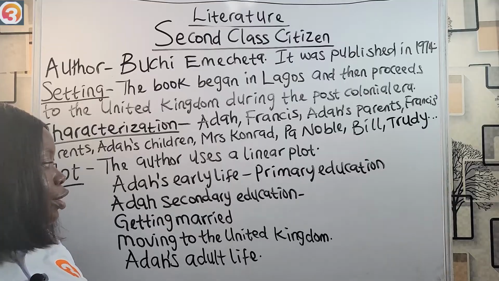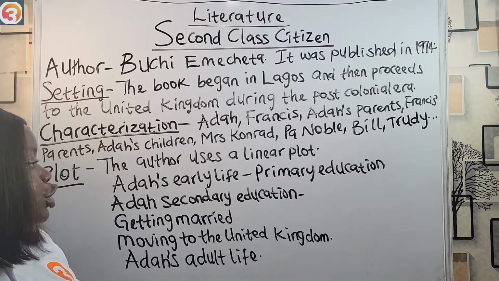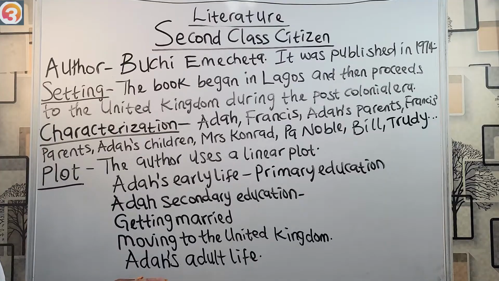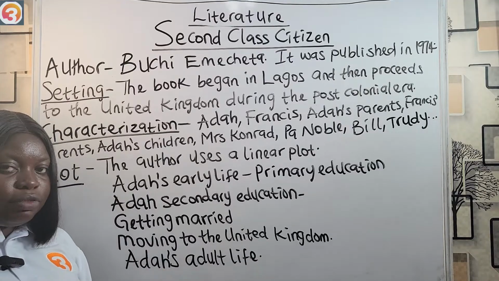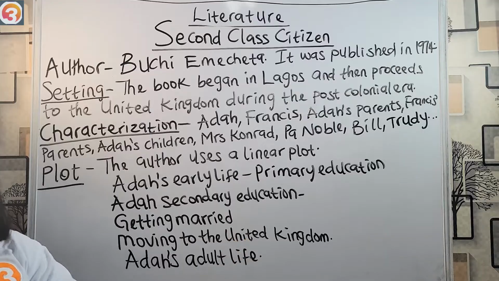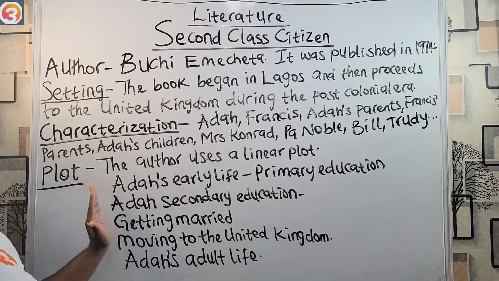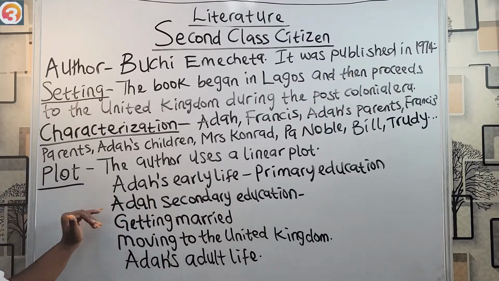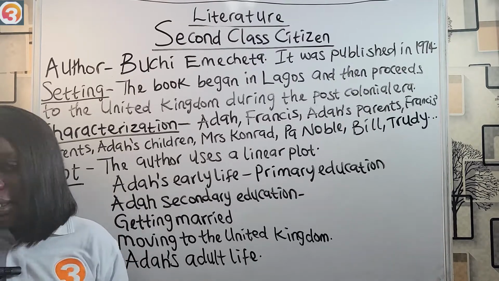When she couldn't stand the marriage any longer, she had to leave. She left, and then finally a court dissolved her marriage to Francis. So you can see that the plot actually follows a chronological order, step by step, as it's supposed to go. That's the plot. Then we look at the theme.